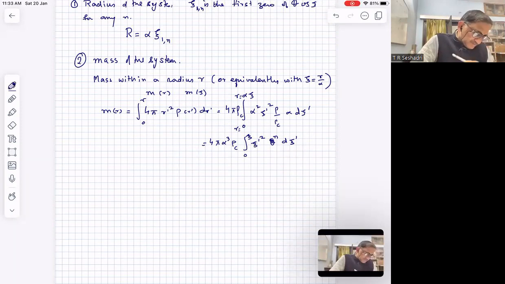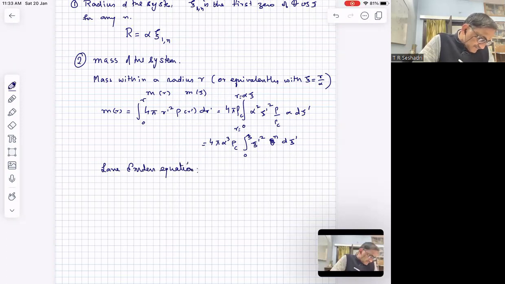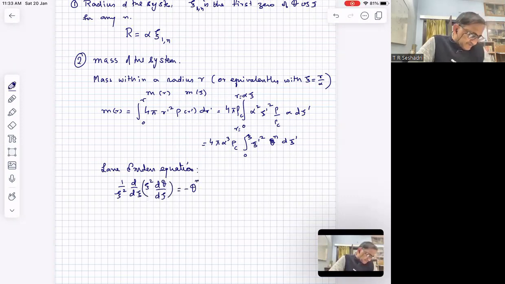Now I'll do one thing. I'll go to the Lane-Emden equation. In the Lane-Emden equation, I have 1 by xi square d by d xi of xi square d theta by d xi is equal to minus theta power n. So I just take xi square to the other side and integrate.